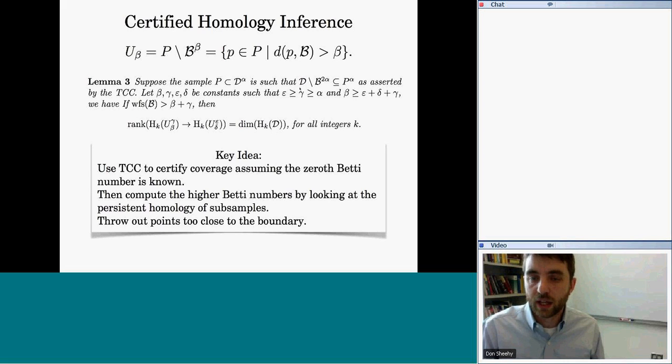So I know that if I shrink by 2 alpha, I'm covered, then for constants that satisfy some conditions, as long as the weak field size is sufficiently large, then you can do homology inference, again, by looking at the rank of inclusion of some sets of subsample into offsets of a larger subsample.